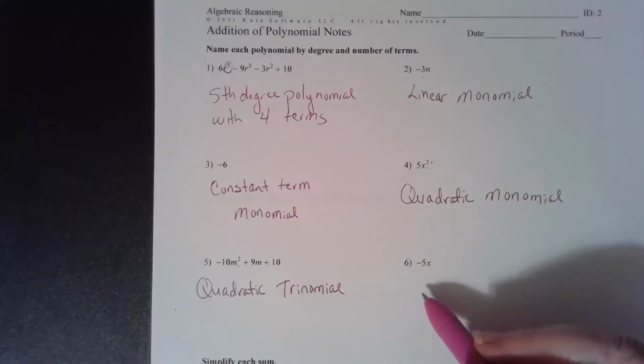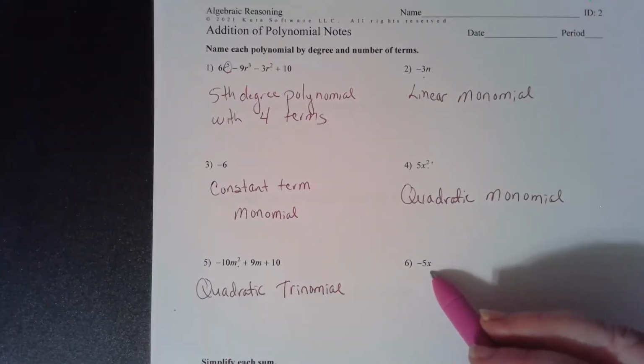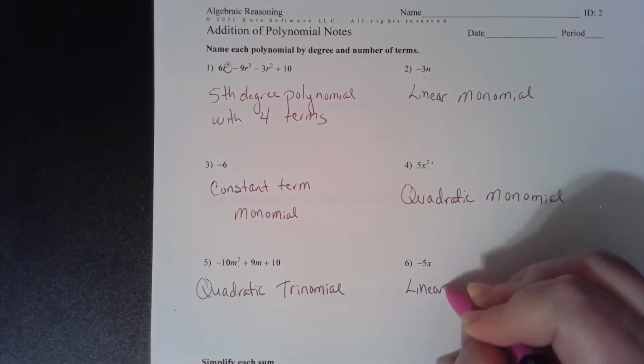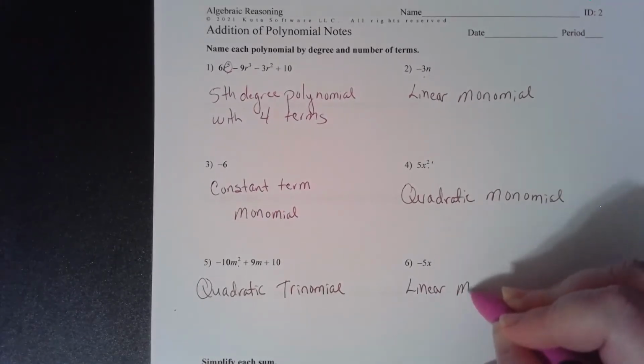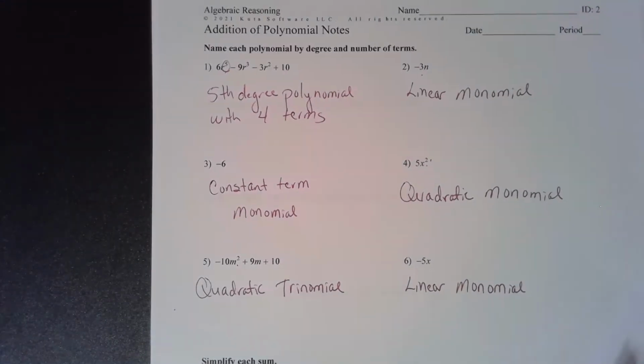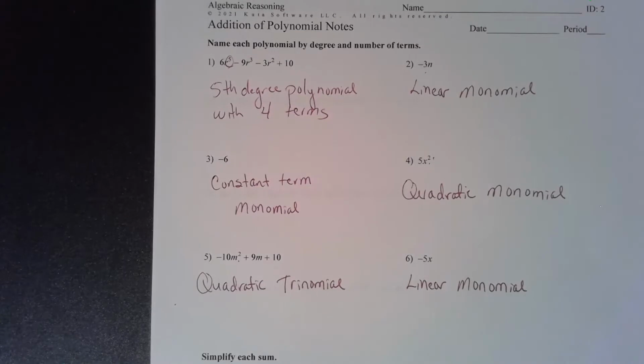And then finally, we just have one term here. It is linear, and it's a linear monomial. If it had 2 terms, it would be binomial. 3 terms would be trinomial. After that, we just say 4 terms, 5 terms, 6 terms, whatever.